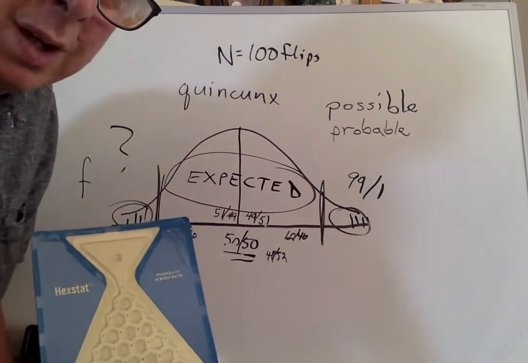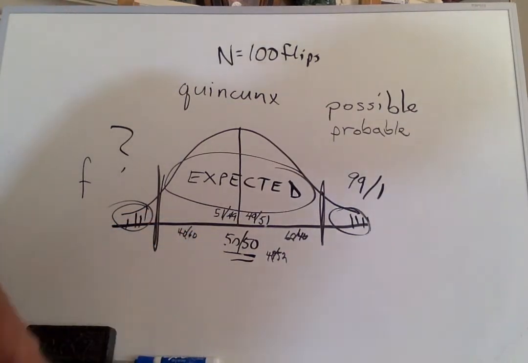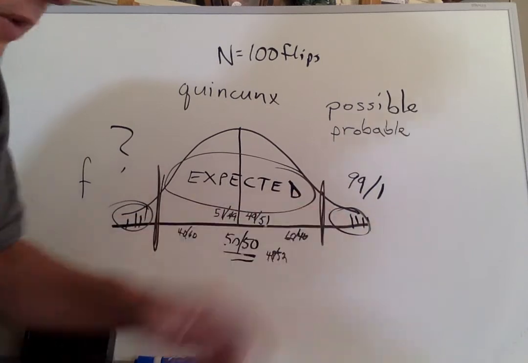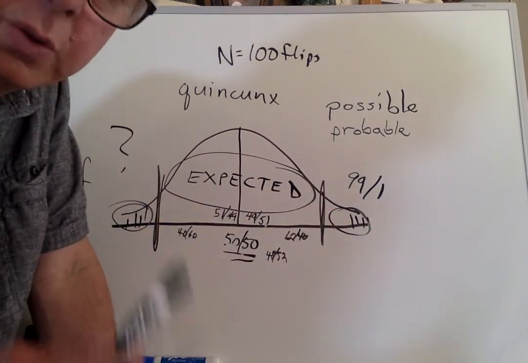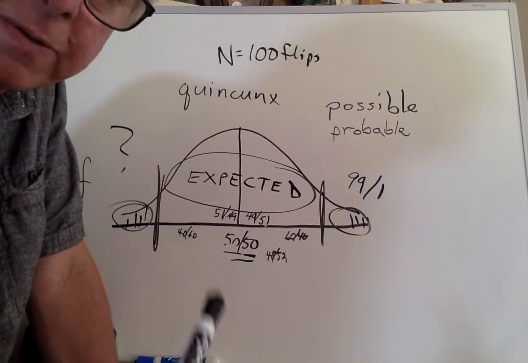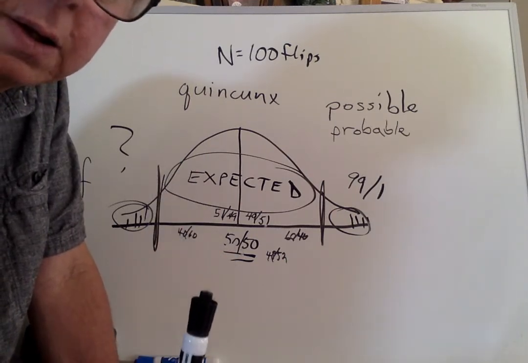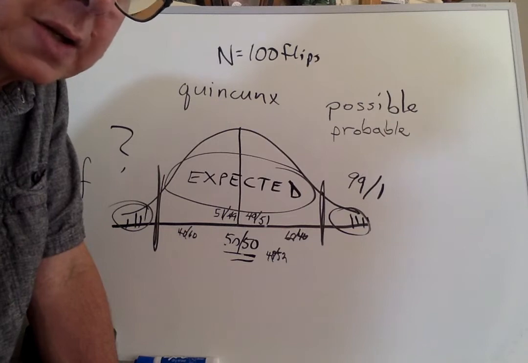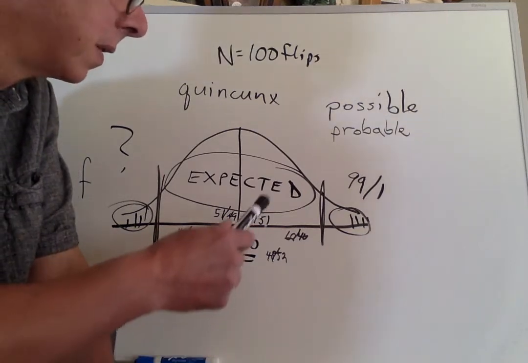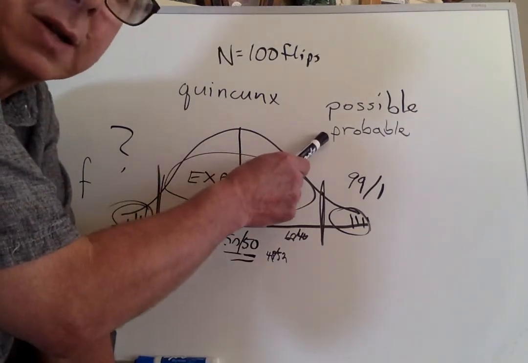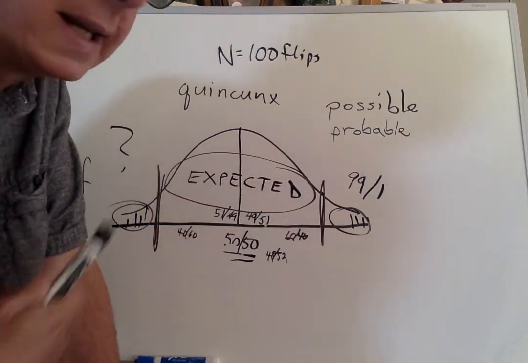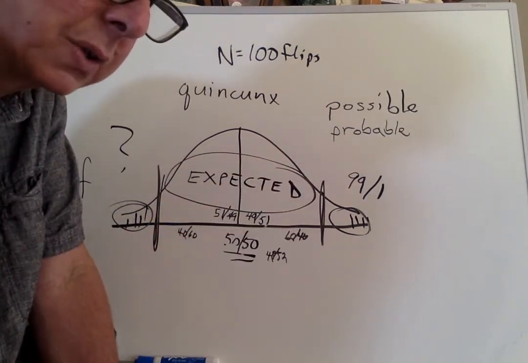Wow. If you flipped a coin for me and got 99 heads and 1 tail, my conclusion would be that that coin is probably unfair, that it's weighted on one side, okay? That's just the way it is. Could I be wrong? Yes, I could be wrong, folks.